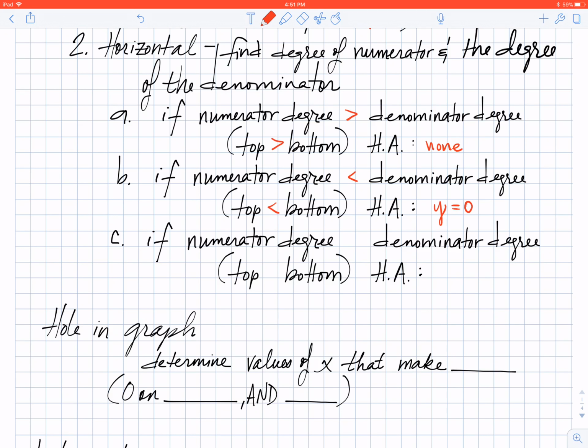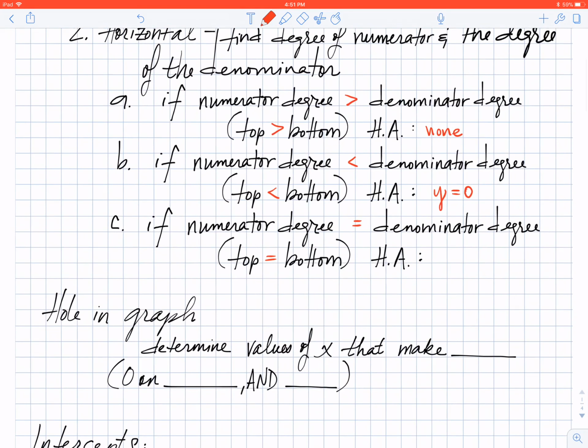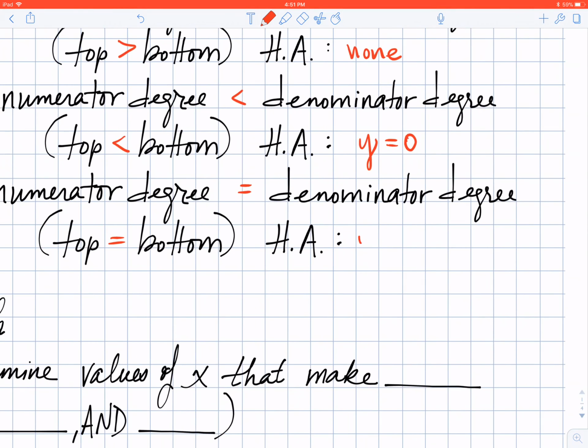Now, the only other option that I have left is if the degrees on top and bottom match each other, or are equal to each other. If the degrees are the same on top and bottom, then your horizontal asymptote will occur at the equation y equals, I'm going to have a fraction here.